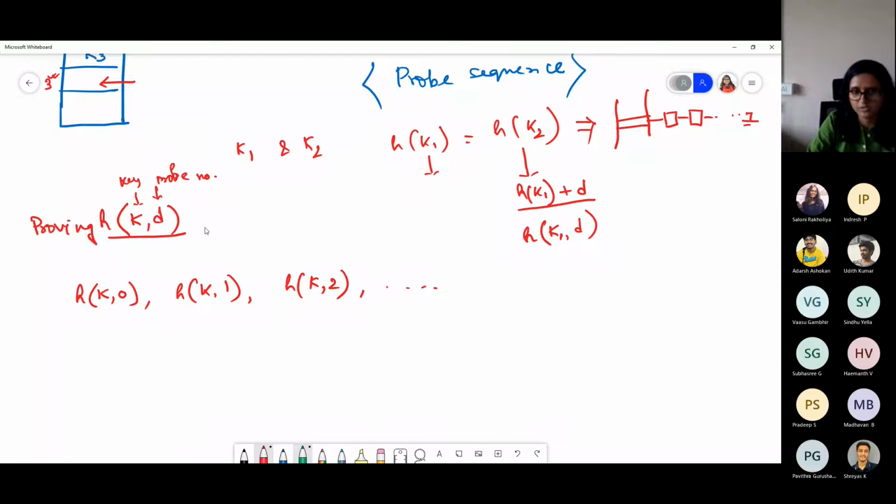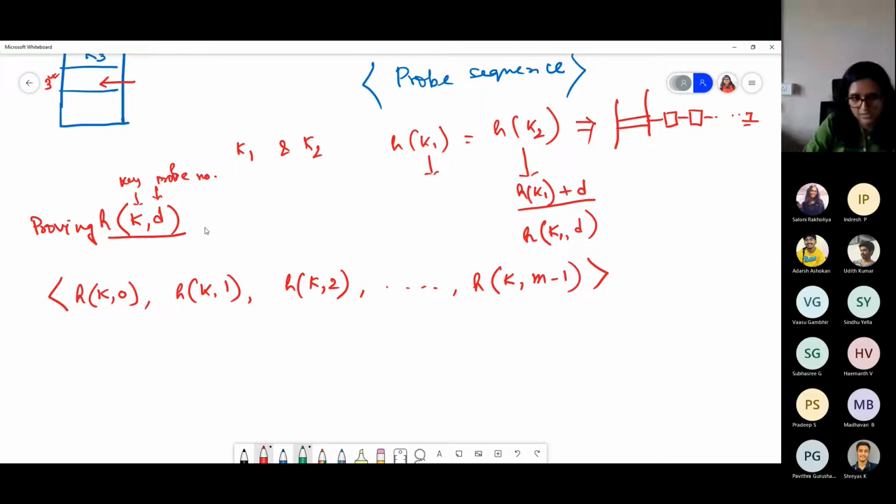How many trials can there be? Total number of slots in the hash table. If the total number of slots is m, then it is up to h of k comma m minus 1. So this is the total possibilities of probing.